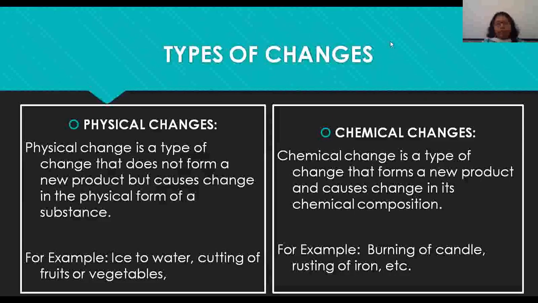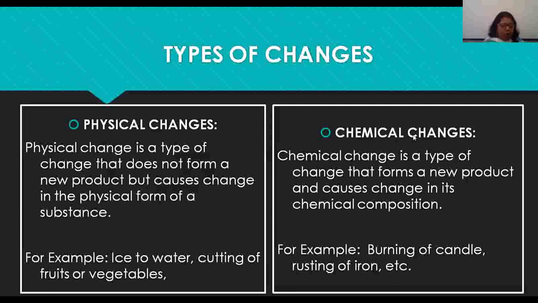Now, there are two types of changes. When you say there are changes, we are learning about changes in the physical characteristics and changes in the chemical characteristics, right? So first we are going to know about the physical characteristics which change in matter.